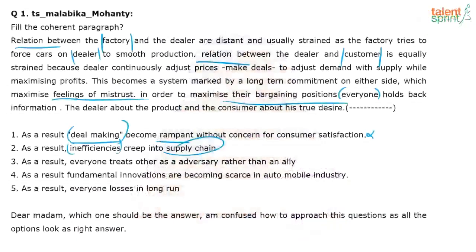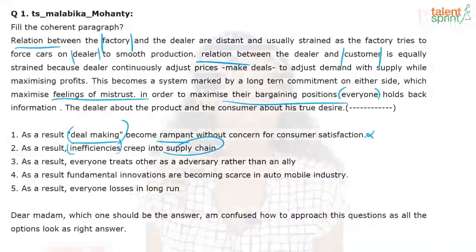Third, "as a result, everyone treats other as an adversary rather than an ally." That we don't know, right? We understand that, yes, their feelings of mistrust are maximized. Everybody is trying to hold their own positions. Everybody is looking to take advantage of the situation. But this is too strong. I can't fall back and say everyone is treating each other as an enemy rather than an ally.